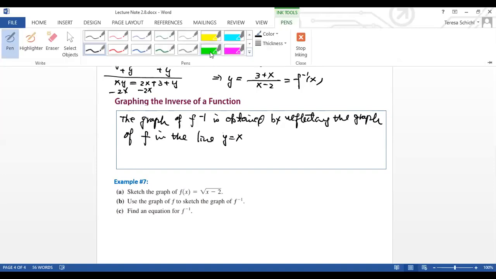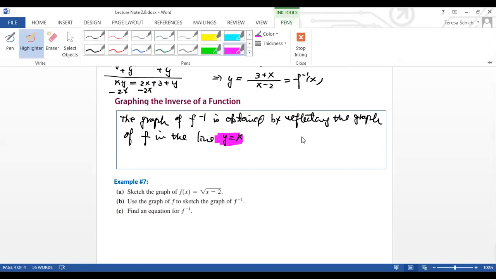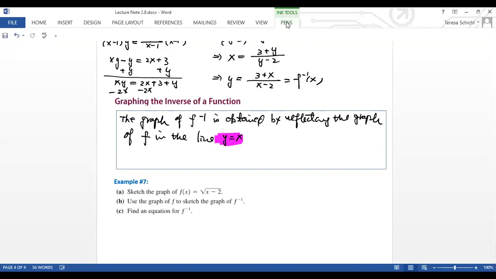Because we know from the properties of the inverse function that f of f inverse of x is equal to x, and f inverse of f of x equals x, right? So that's why it's reflecting, all right?